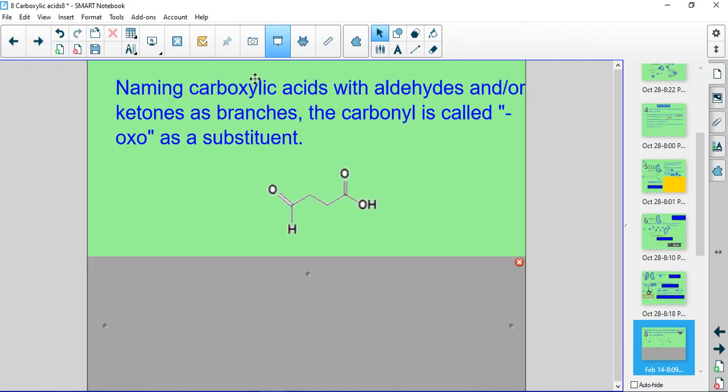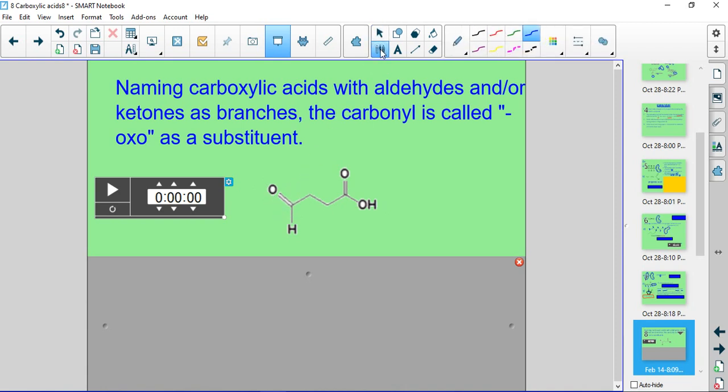Okay, another different sort of example. Here the rule is when you're naming carboxylic acids with an aldehyde or a ketone as branches. This looks like an aldehyde, or if this were on a non-terminal carbon, you might think it's a ketone. Essentially, whenever you see a carbonyl and a carboxylic acid, the carboxylic acid takes priority. So it's going to end in oic acid, and that carbonyl, whether it's terminal or not, is going to have a different name.